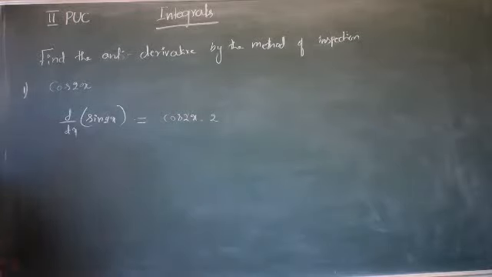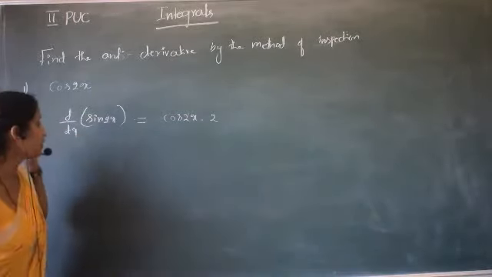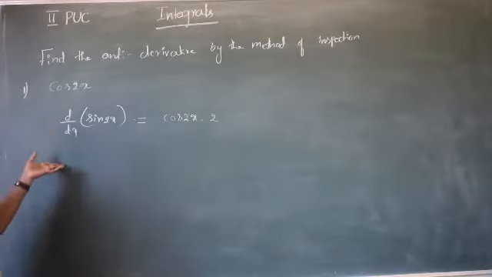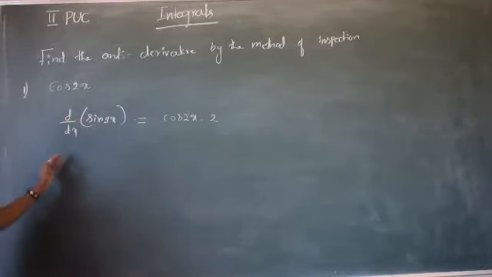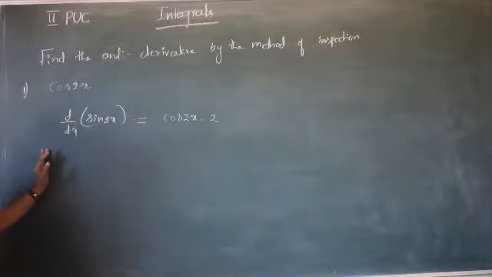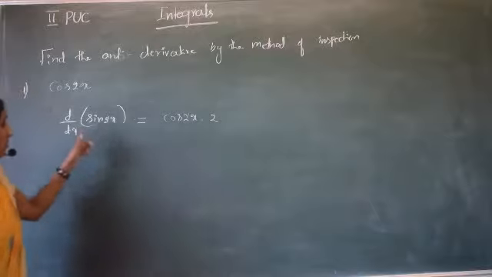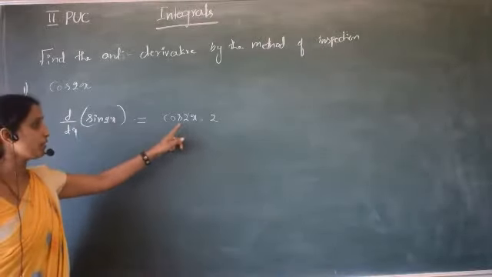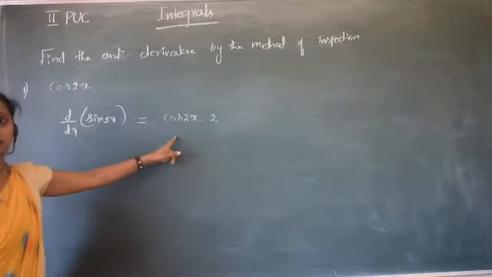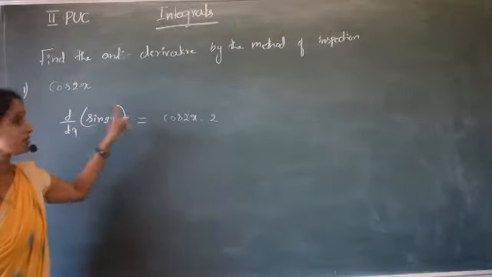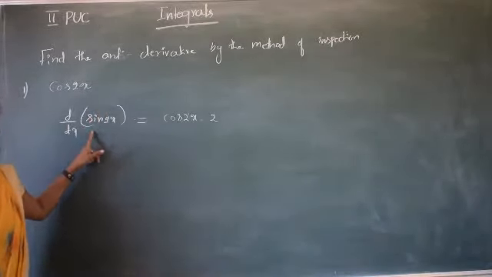We have to find a function such that its derivative will be cos 2x. So I have taken the function sin 2x. The derivative of sin 2x is cos 2x into 2. For sine, cos is the derivative; for cos, sine is the antiderivative.